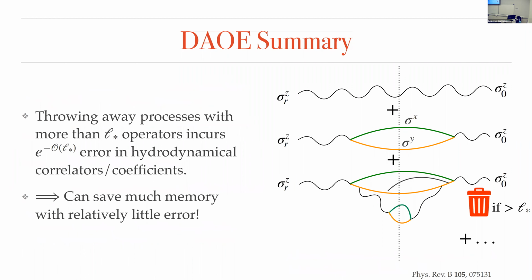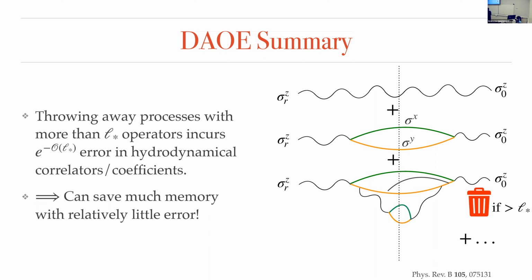All right. So the idea is that you look at these Feynman amplitudes and you throw away those processes which at some point involve operators that have more than, I call it L star, Pauli matrices.